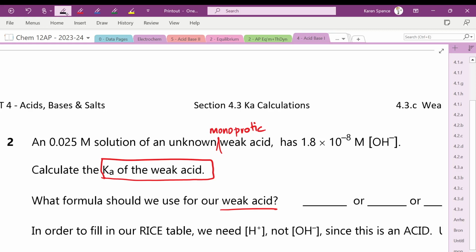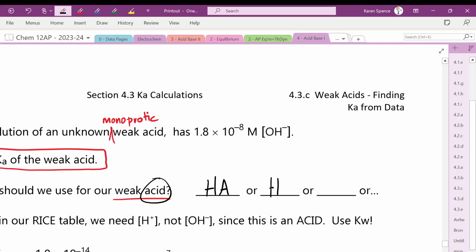Yeah, what should we call our weak acid? We need to write a formula for it. HA. HA is good. You could also call it HX. Sometimes people call it HW for weak.